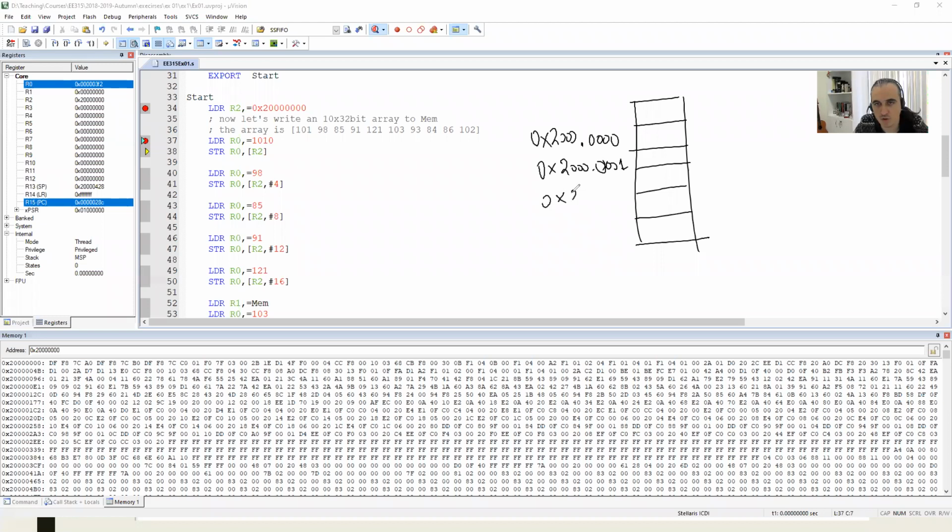You already know that each address location is 8 bits, right? So these cells all have 8 bits, are of 8-bit size. I mean, they can keep only 8 bits.